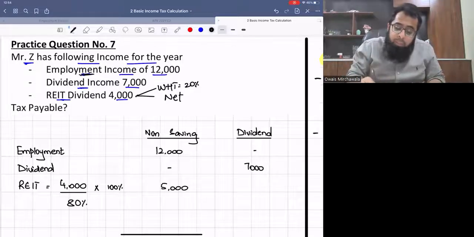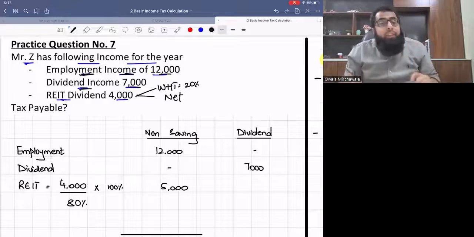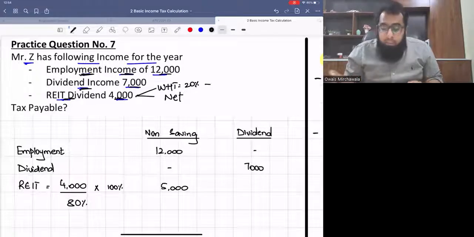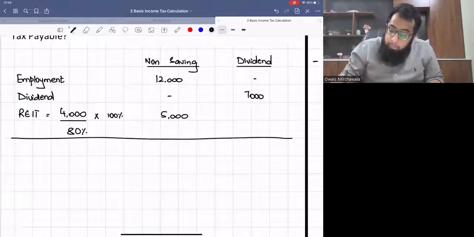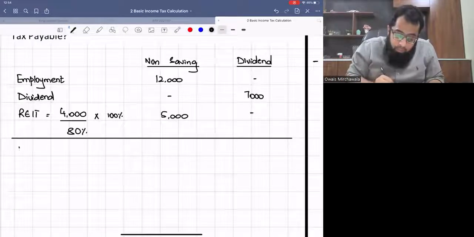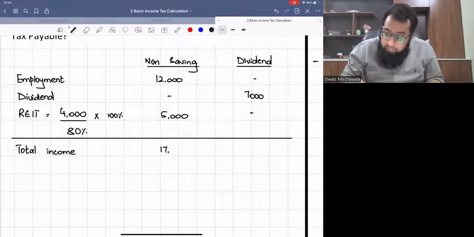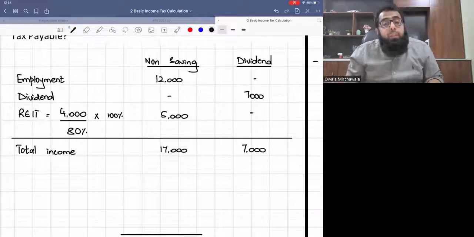So employment income goes in non-saving. Dividend goes in head of dividend. REIT, withholding tax is 20%. Since the examiner is silent, it is the net amount. Now, the total income is 12 plus 5, 17,000. And here it is 7,000.